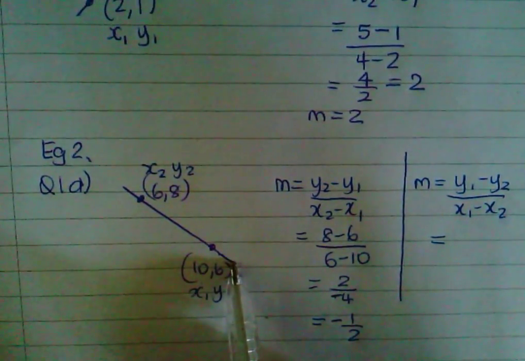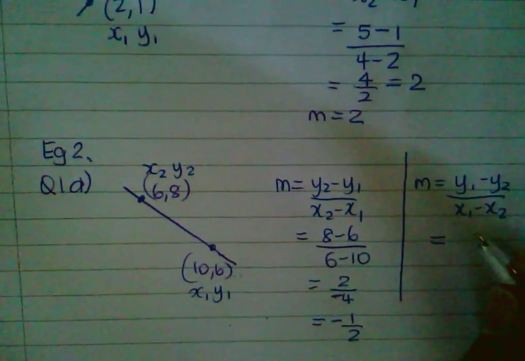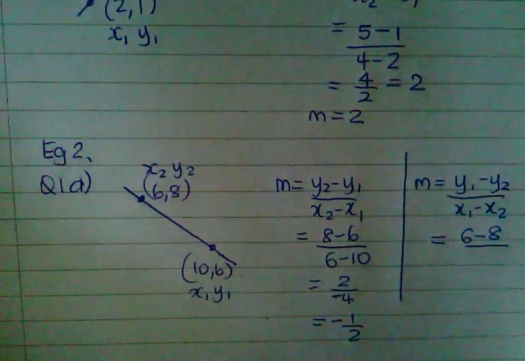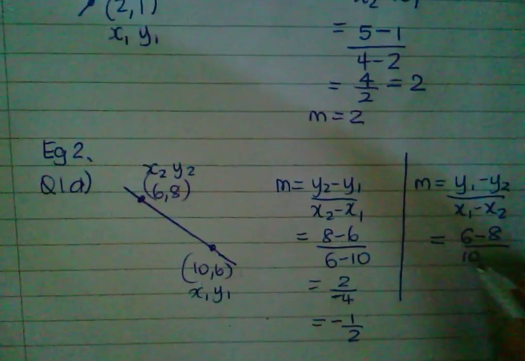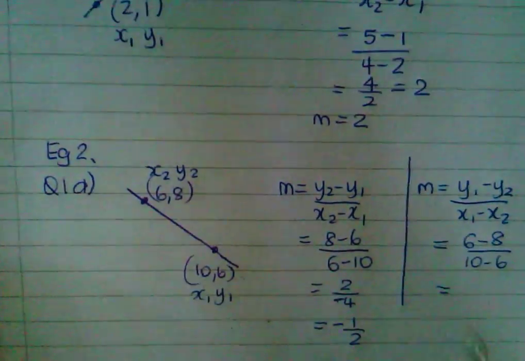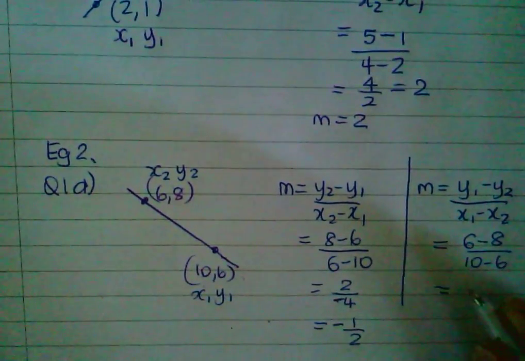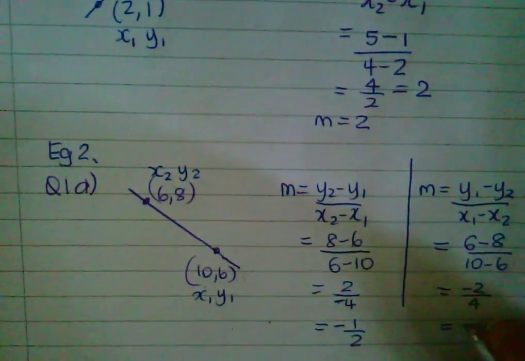What if you call this your other point? What's 6 minus 8? So I'm doing it in the opposite direction. So I'm going y1 minus y2 over x1 minus x2. So I've gone bottom minus top, bottom minus top. What do I get? Negative 2 over 4, still a negative, negative a half.